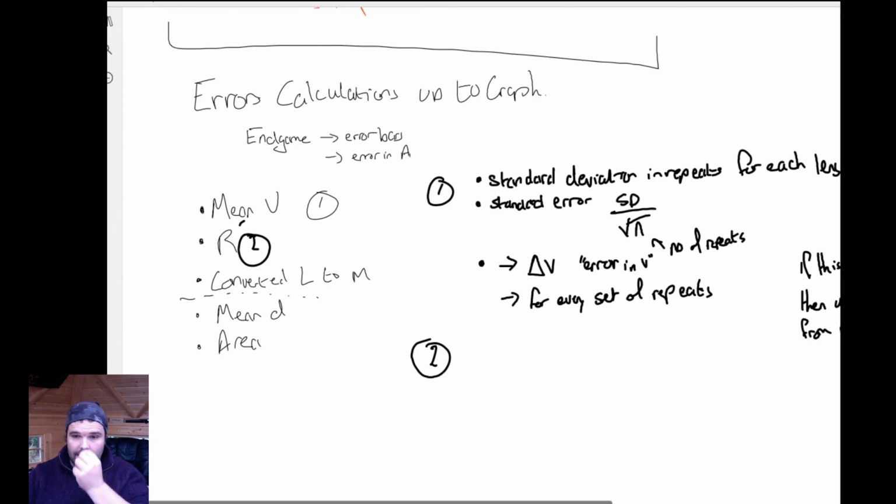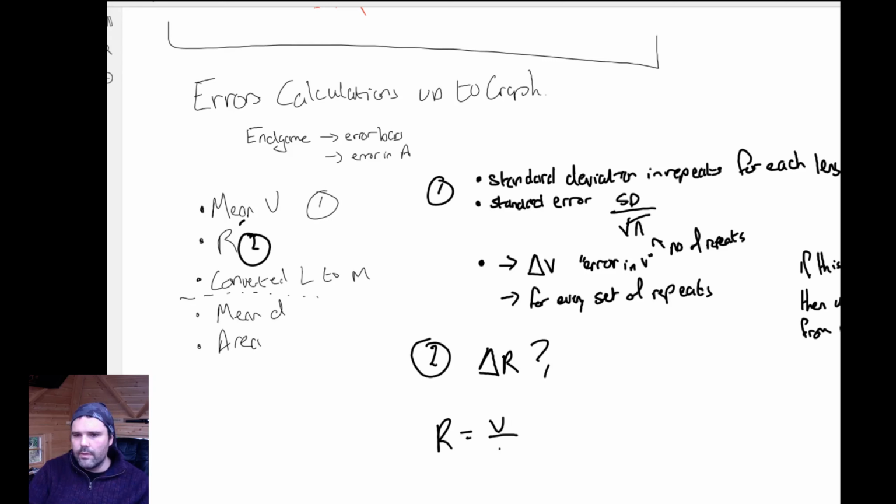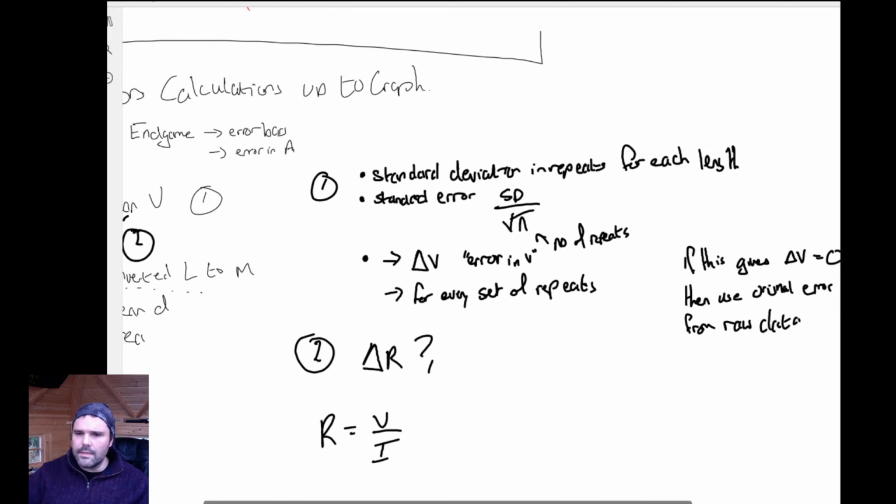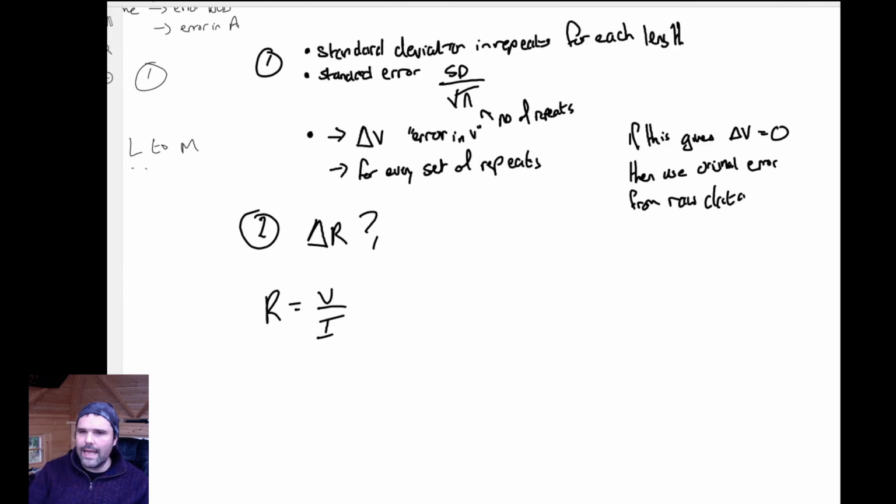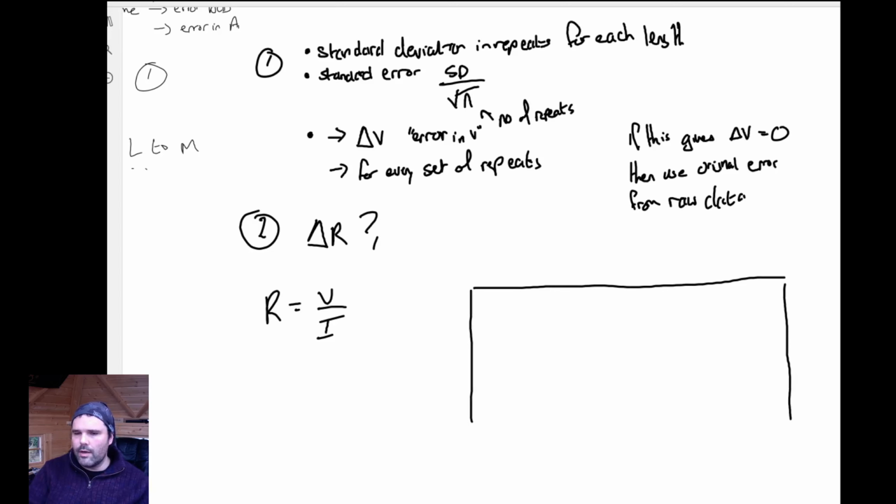Okay, so then you're going to use that to get the error in R. So how do we get the delta R? Right, look at what you did to calculate R in the first place. V over I. That means that R is a combination of the error from V and the error from I. Right, let's just have a little look at a results table. In this results table, it's a bit of an excerpt, and I might not have all these in the same table, but just for ease. I've got my mean value of V, and I've got my error in V, and I've got my raw data for I, and this is plus or minus 0.005, and all that's in amps, and all these are in volts.